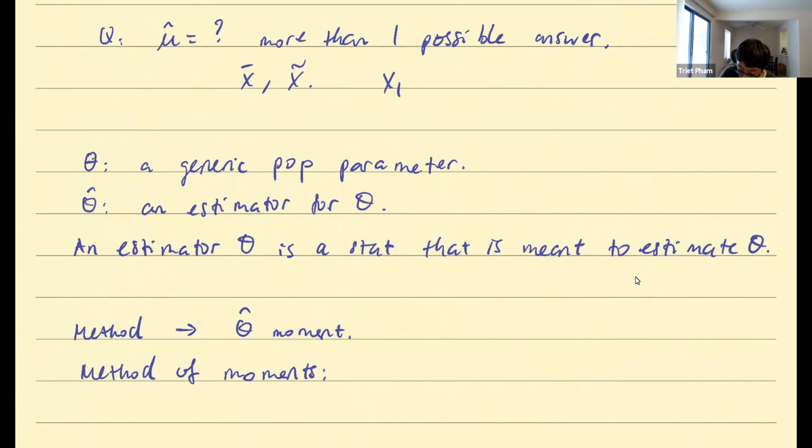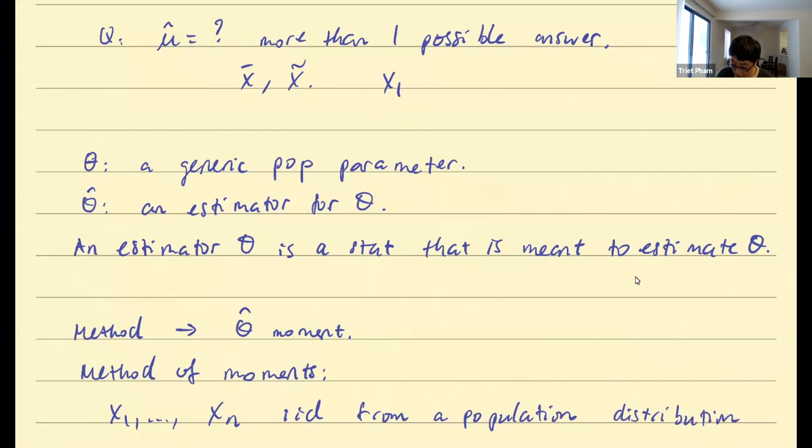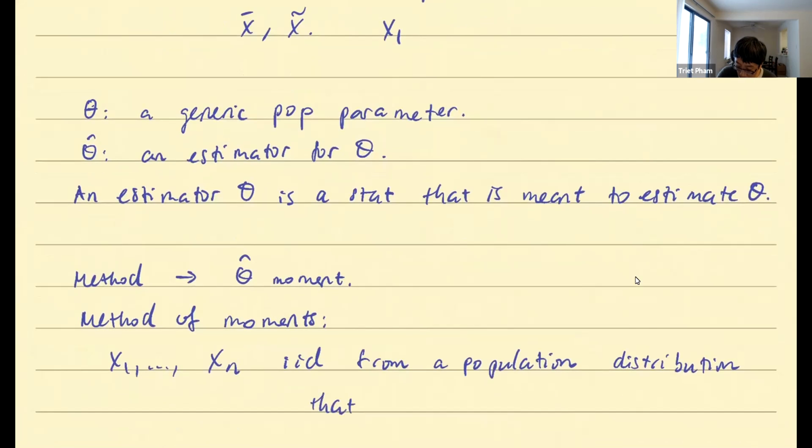Suppose that you have a sample from a population distribution that depends on theta 1, theta 2, etc., up to some theta k.